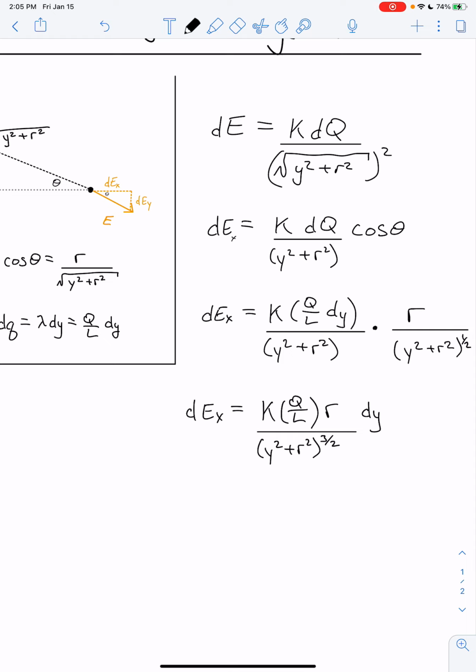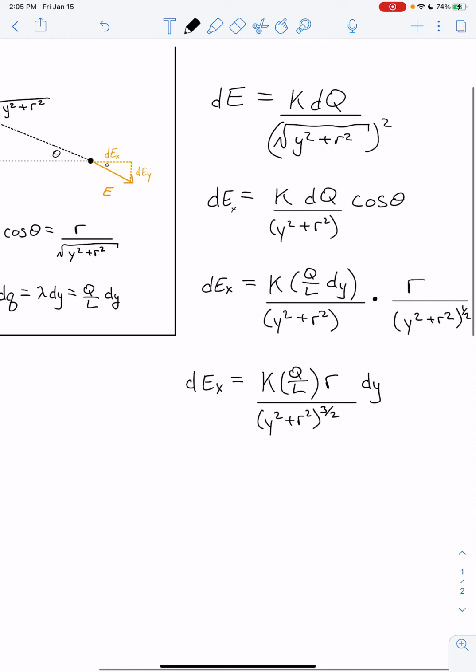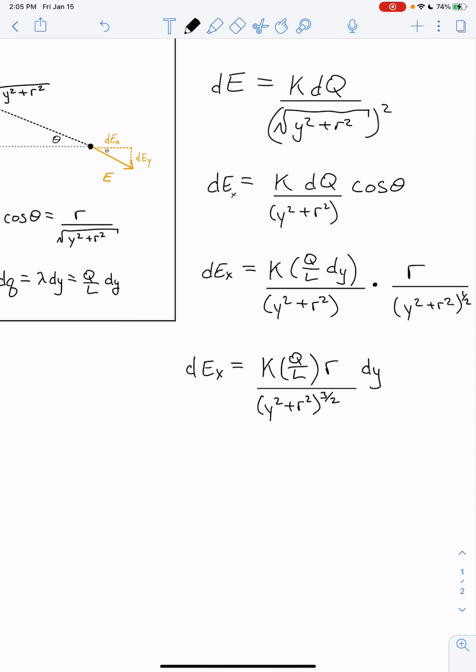Now this is a nice equation that describes the dE in the x component for our dq, but what we really want to know is what is the electric field for the whole L, for the whole length along this extended object. And the way we're going to find that is by integrating both sides.